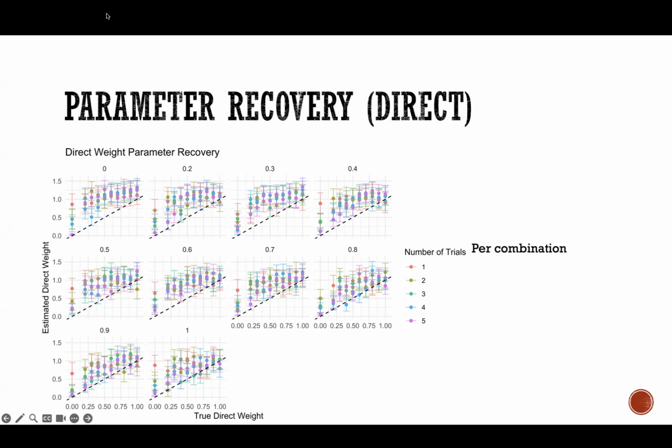Exactly. Not only that, but most of the values are above the diagonal line. So it's overestimating the weights, but also it's not really making a difference for higher values, right? It's kind of flat.